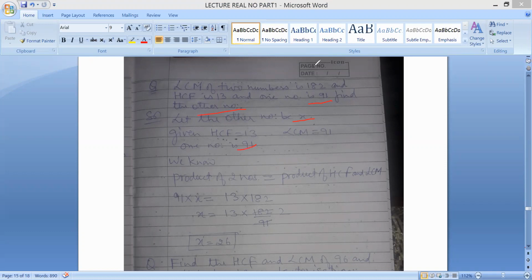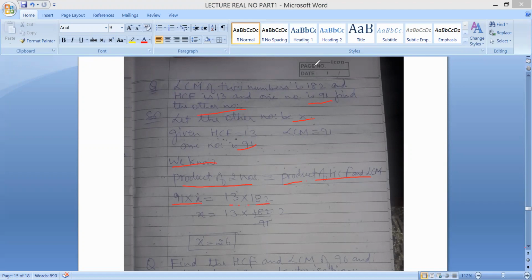So you have to write, we know the product of 2 numbers is equal to the product of HCF and LCM. So the product of 2 numbers will be 91 into X equal to 13 into 182. So how will you find X?